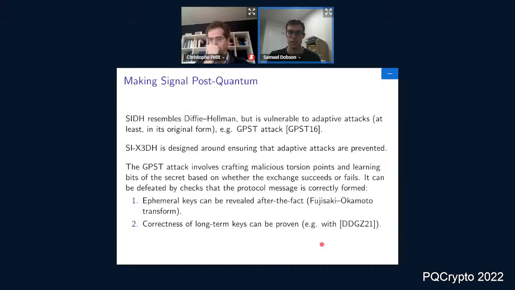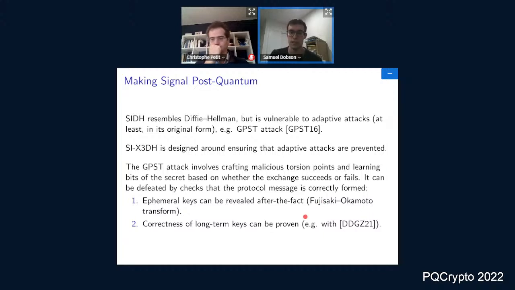And so just a quick summary for those that haven't already seen it. Essentially this adaptive attack, the GPST attack, just requires taking a public key and maliciously modifying the 2-torsion points in the public key, so that based on whether the exchange succeeds or fails, meaning the other person derives the same secret key as you, you can learn one bit of their secret key each time that the exchange passes or fails.